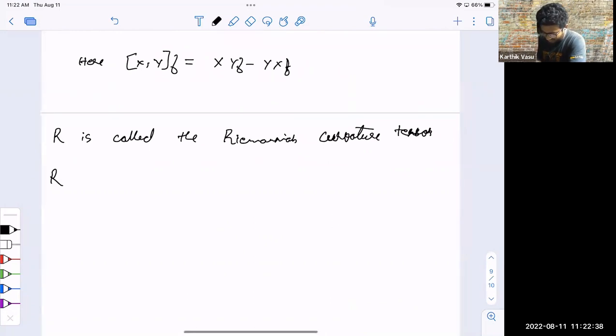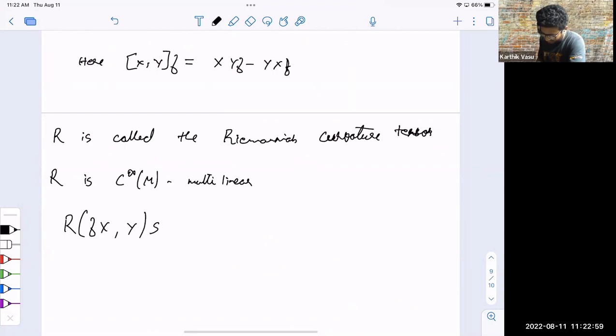Properties of this: R is C infinity of M multilinear, which means if you take any, put F anywhere, it will just come out as F like this.